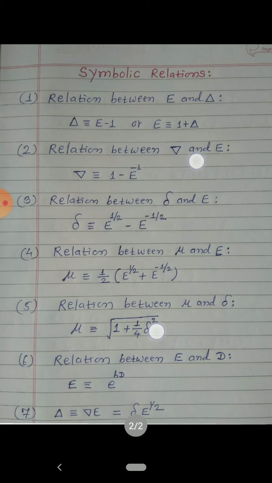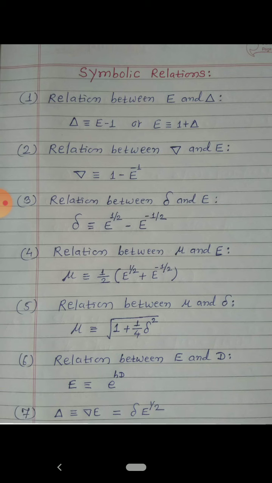These are some symbolic relations between the operators. Remember that we have seen 5 different operators. First is the forward difference operator, capital delta; the backward difference operator, del; third is the central difference operator, small delta; fourth is the averaging operator, mu; and fifth is the shift operator, E. In case of the shift operator, we can define the inverse operator also.